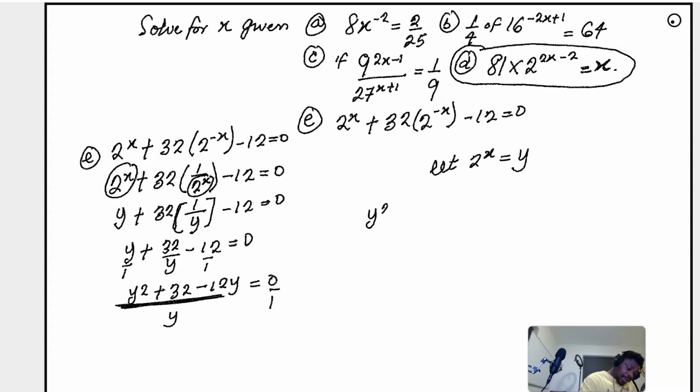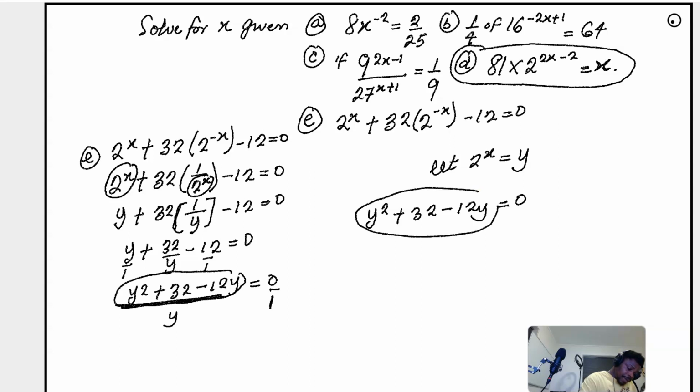So that is y squared plus 32 minus 12y is equals to 0. Because 1 will multiply everything here, which is this, and y multiplies 0, which is 0. So this is y squared minus 12y plus 32. I'm just rearranging, it's equals to 0.